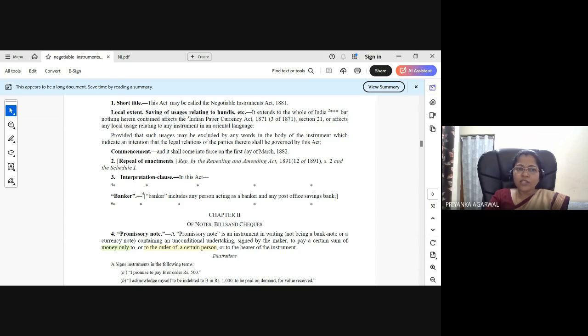Any instrument issued under mercantile custom or trade usage gets validity through the saving clause. Money here is mentioned as the Indian Paper Currency Act, but now it is the RBI Act 1934.